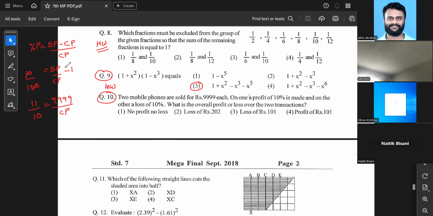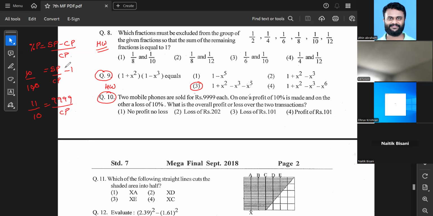There is in the book, IPM book, it is given in questions when SP of two articles is same, and if there is a profit of X% on one article and loss of X% on second article, then there is always net loss, and loss percent is equal to X square upon 100%.